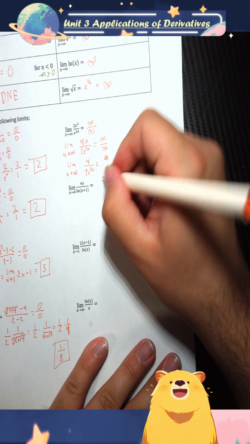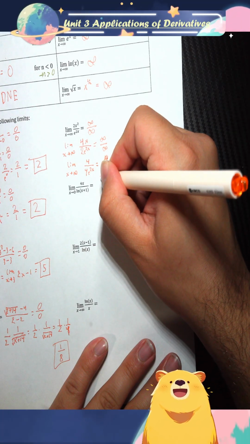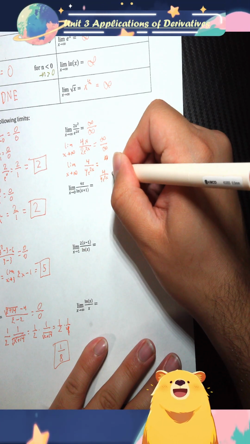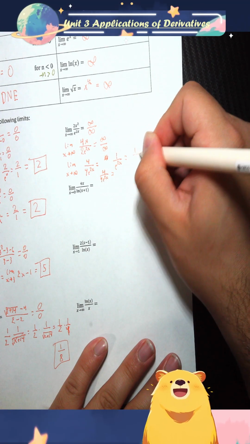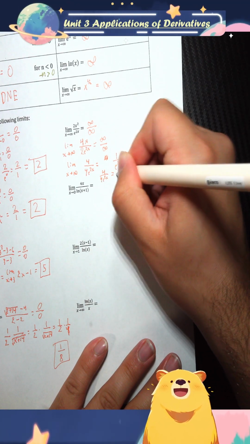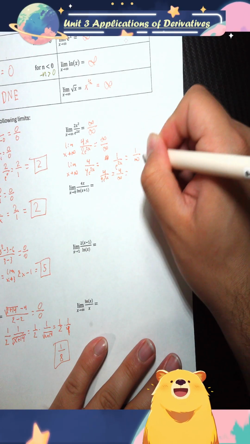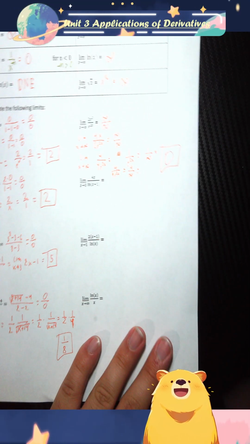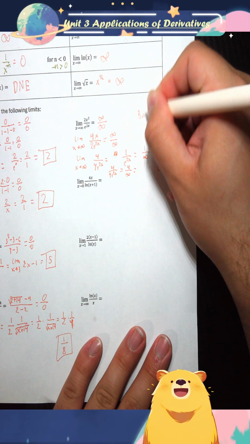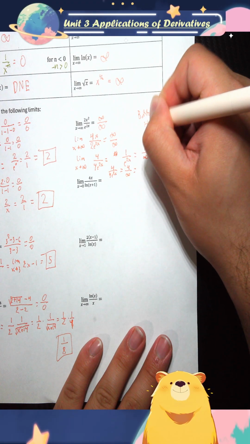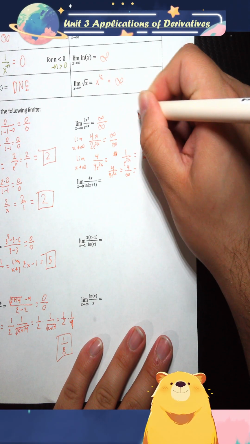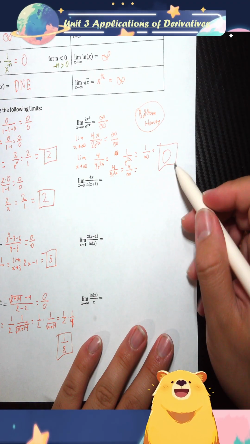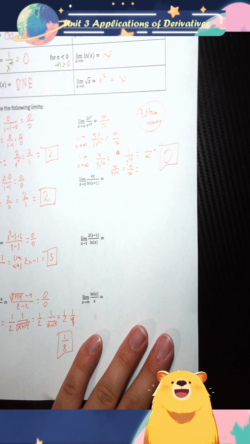But either way, if you had seen it as 4 over 4e to the 2x, you would have taken the limit to be 1 over infinity or 4 over infinity, which still just makes the limit equal 0, since it's now bottom heavy. That's the answer, but that's the reason why, just in case.